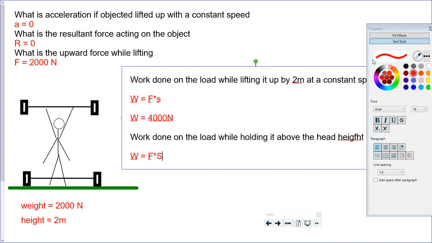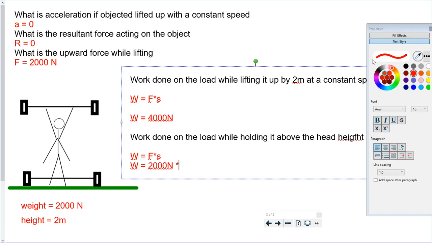So still the force he is applying is 2000 Newton, but the displacement, he is just holding it, so that's why it's 0. So that's right. Work done is 0. Okay, now that's good.